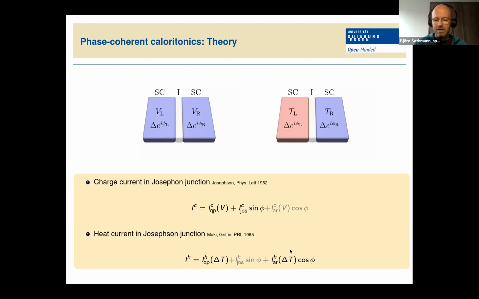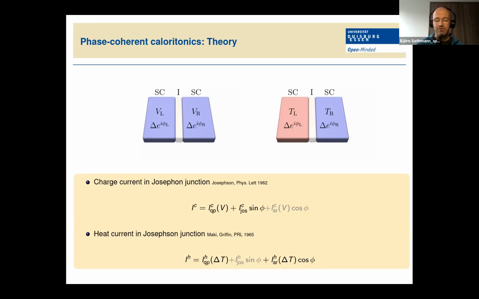But importantly, there is this third term arising from the Andreev reflections, which is now again phase dependent because quasi-particles and Cooper pairs talk to each other. And this term basically implies that you now have a magnetic control via the phase difference over heat currents. It turns out that when Markey and Griffin made this prediction in '65, they were way ahead of their time.